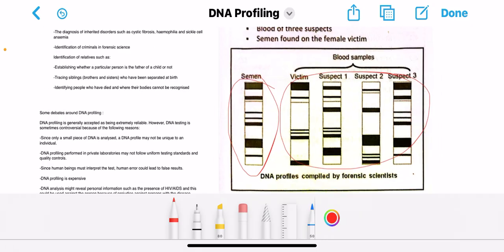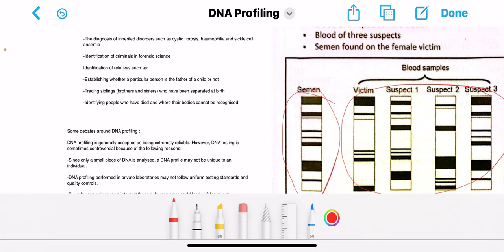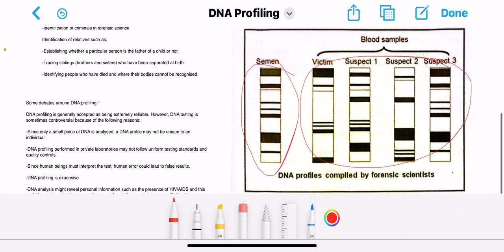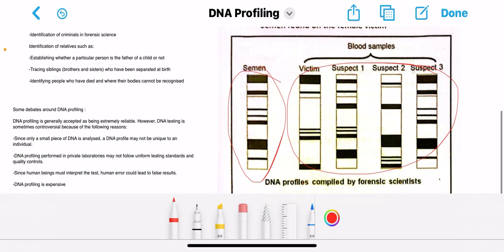Okay? If you don't understand, it is highly recommended for you to ask in the group or to rewind the video and listen to what I said. They are going to first extract the bars of the mother away from the semen and see how many bars are left there.